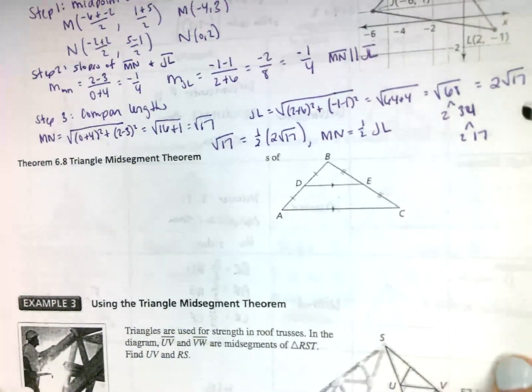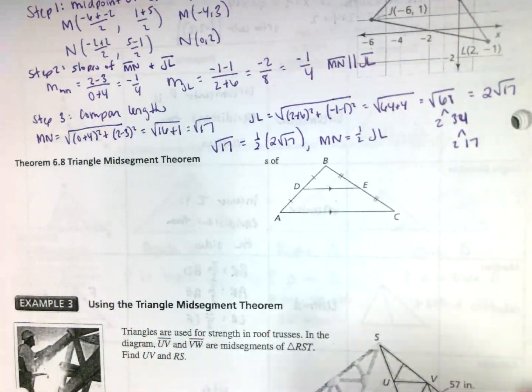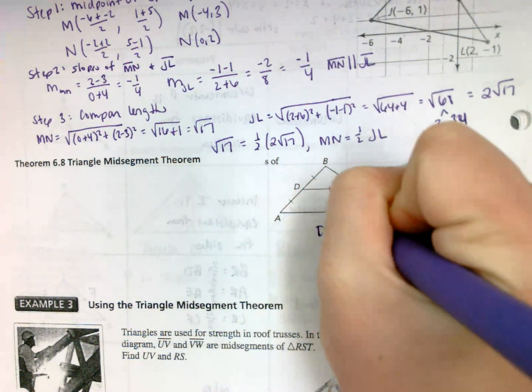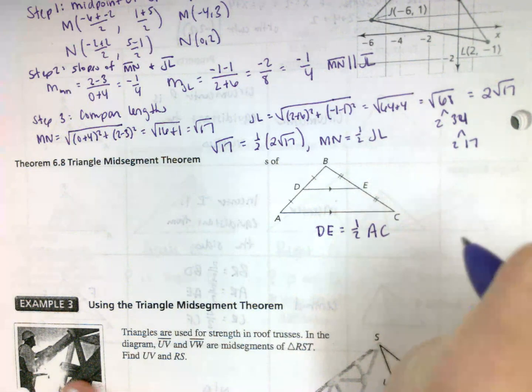Okay, all right, theorem 6.8 goes on to show this relationship. Underneath here I have that DE is equal to 1/2 of AC.